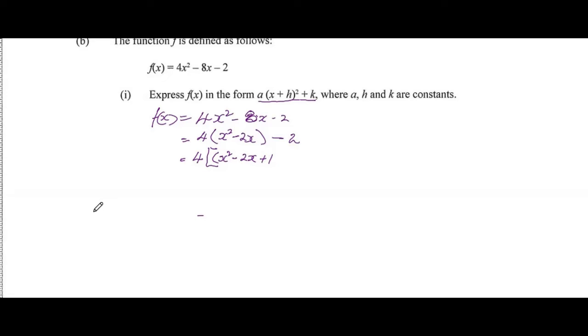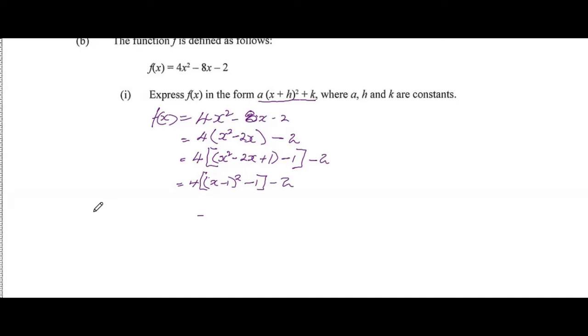But if we add 1, we have to take away 1 to maintain the value, so that we did not actually change the problem itself, just rearrange it. So now this becomes 4 into, let me use the wing bracket first, x minus 1 all squared, that's why we did it, minus 1, minus 2.